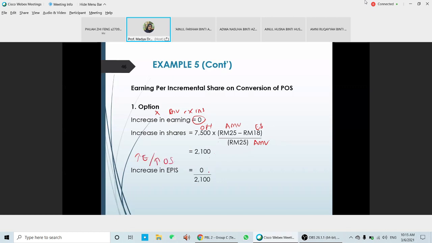Increase in earnings is 0, ordinary shares is 2,100, so you have 0. Compared with the basic of 2 ringgit and 50 cents, 0 is lower, so it is considered dilutive. That is what you have for the options. But remember, for the options we only want to find the element of bonus.